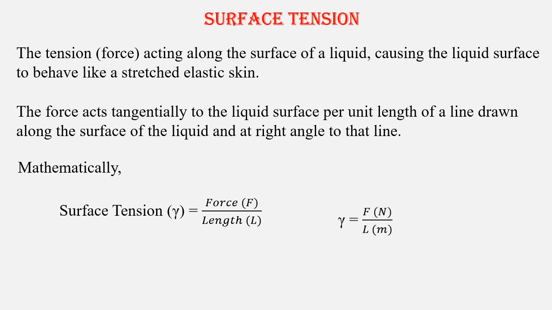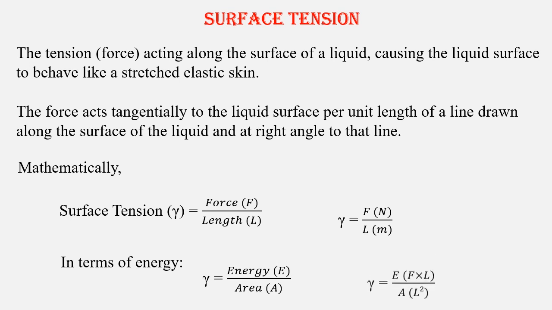When defined in terms of energy, surface tension is given as energy per unit area, and the unit is joule per meter squared.